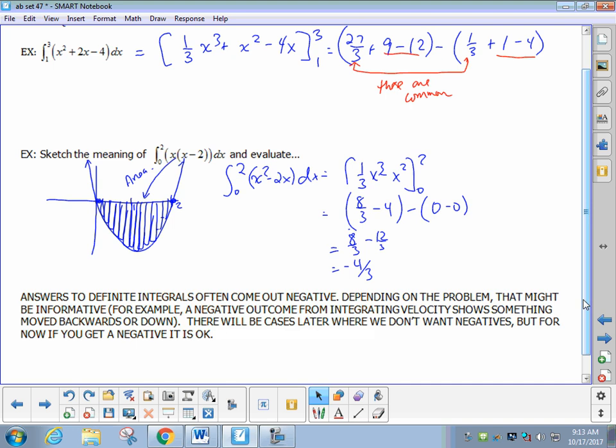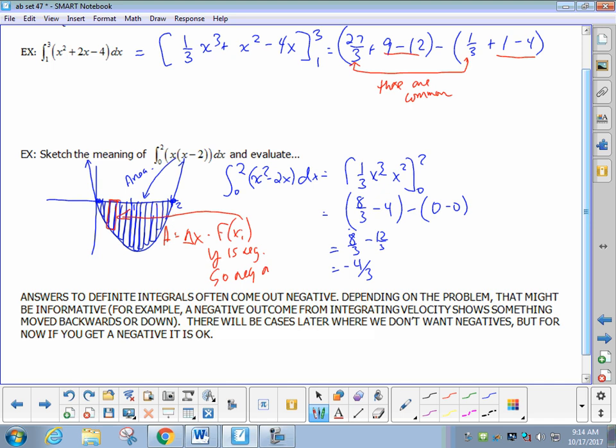It makes sense to get a negative area because if I looked at each of these rectangles, if I had done this in a finite fashion, this delta x times a height that area is coming from, well, delta x is always positive because I always go left to right. But what are the function values here in this region? What are the y values? They're negative. Y is negative here. So negative area is to be expected.